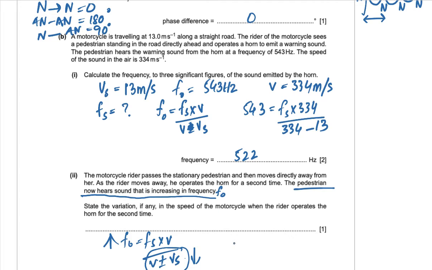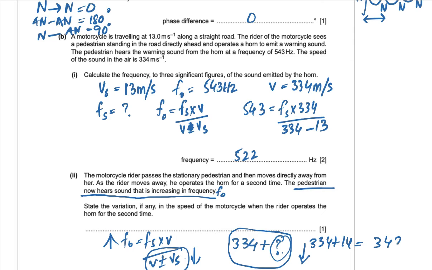Now, if there's a constant of 334, which is V, and you're supposed to use the plus sign because it is moving away from the observer. Now, should this be decreasing or increasing for this whole expression to decrease? This should be decreasing as well, because if you add 334 to 14, this gives you 348.